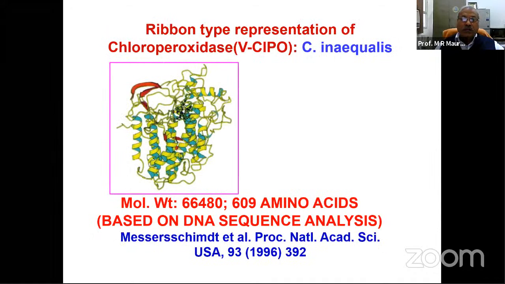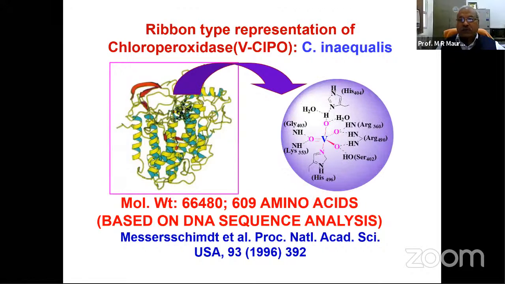Here is the structure of the enzyme, which was solved in 1996, and since then people got interested. What is so good here is the vanadium center. In the vanadium center, one of the amines, the histidine moiety, is coordinated, and the others are hydrogen bonded.